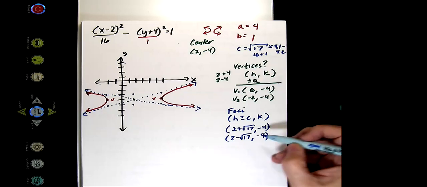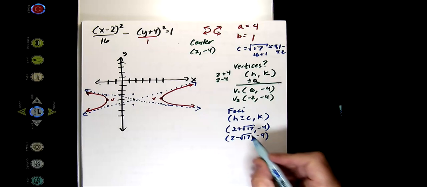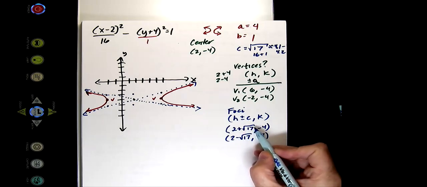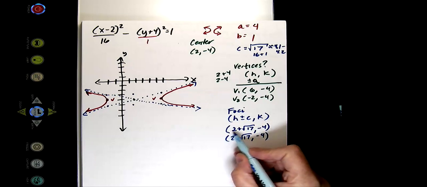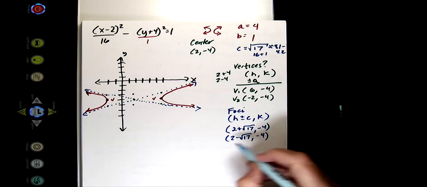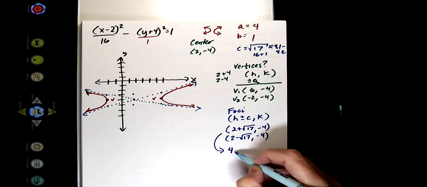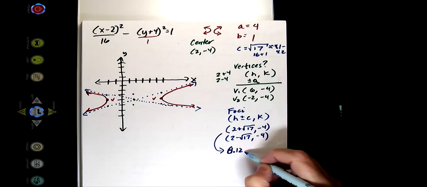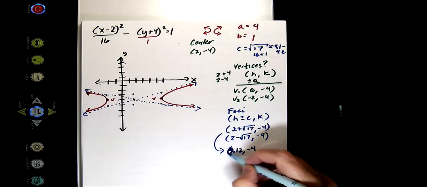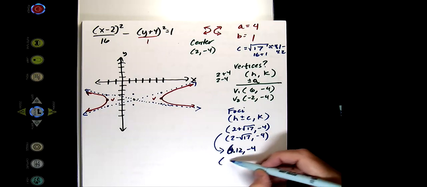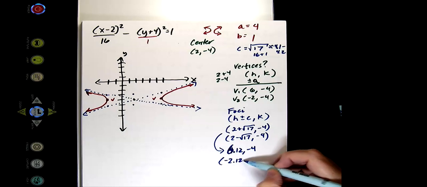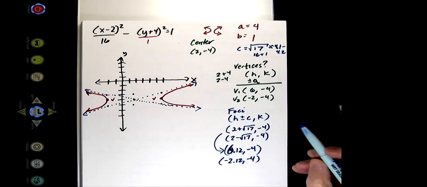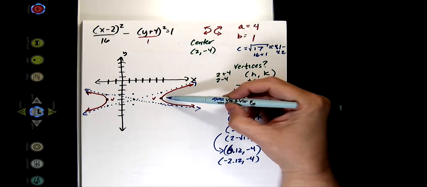So in terms of graphing, this is about 4.12. So 2 plus 4.12 is about (6.12, -4), and we've got (-2.12, -4). So just barely past the vertices.